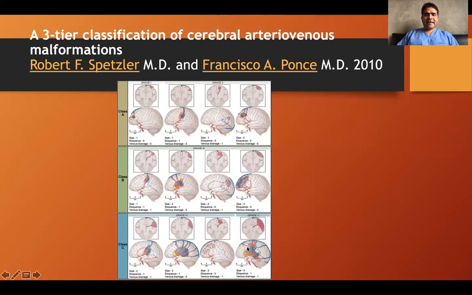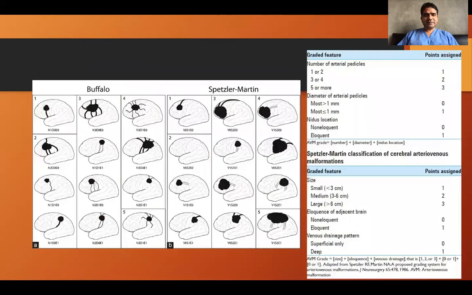So they believe that categorizing into only 3 classes will make selection of treatment modalities easier.